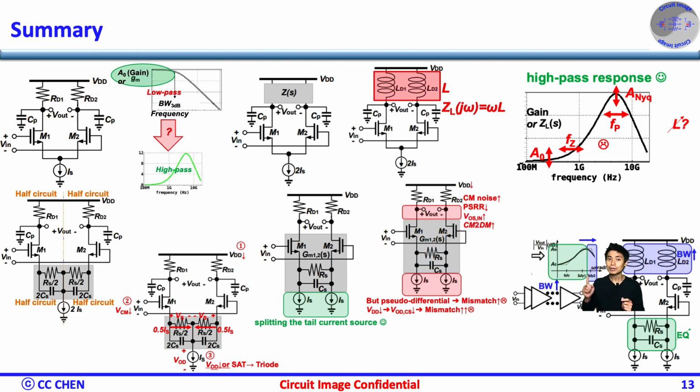Lastly, for very high speed SerDes up to 50 gigabit per second or 100 gigabit per second in the most advanced process node, the output bandwidth of each CTLE is limited by the output parasitic with the device capacitance. Therefore, people will still add the shunt-peaking inductor at the Type 2 source degeneration CTLE to make sure the second pole will be greater than the first pole of the source degeneration, such that the peaking gain and peaking frequency can be high enough.